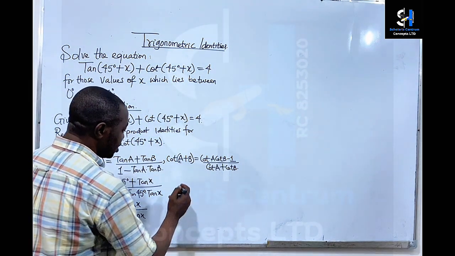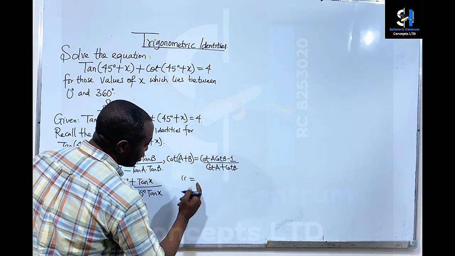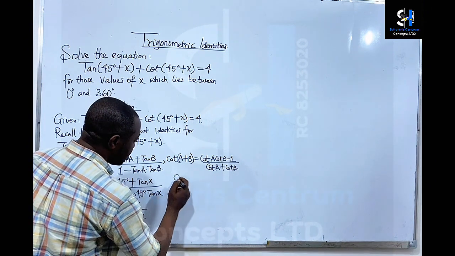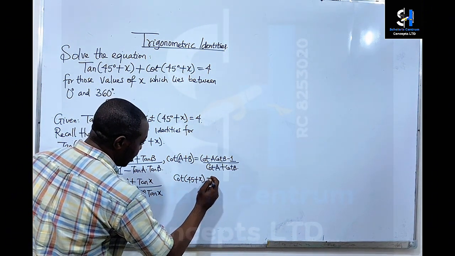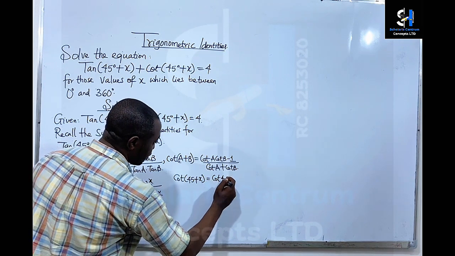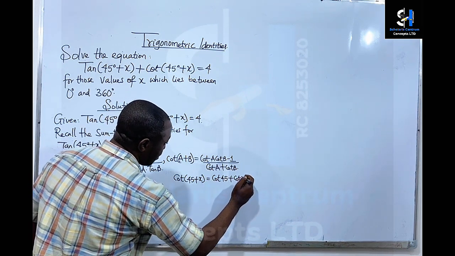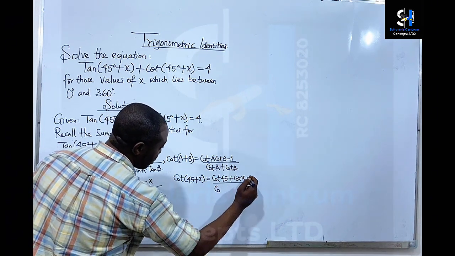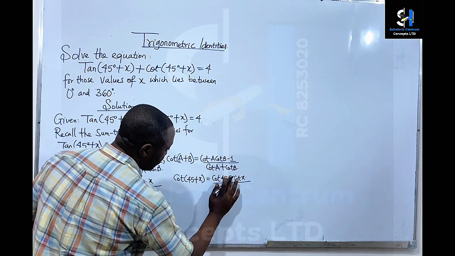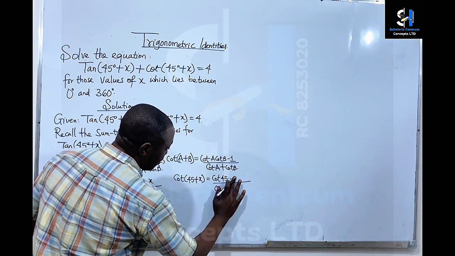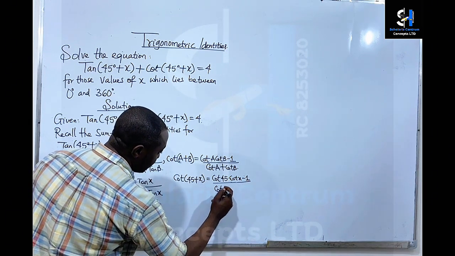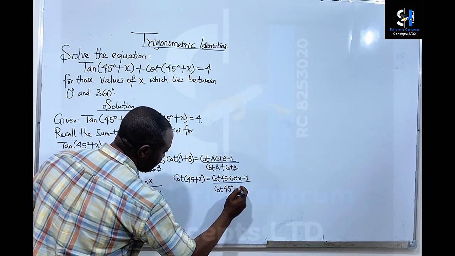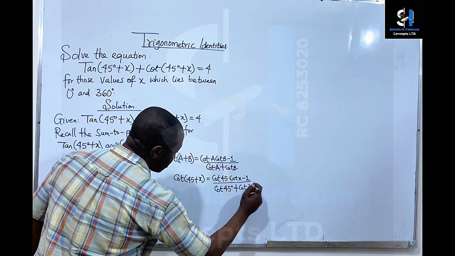Then for cot(45 degrees plus x), that will be cot 45 cot x minus 1, divided by cot 45 plus cot x.